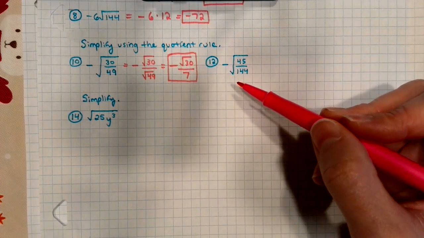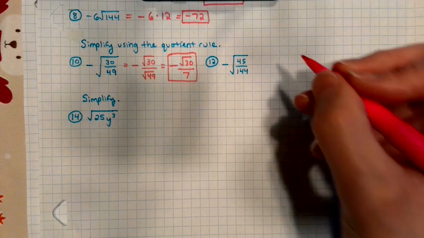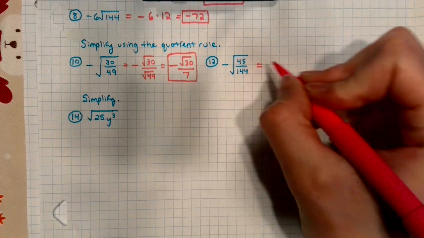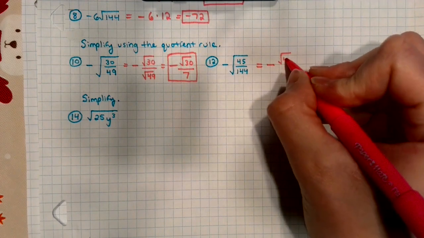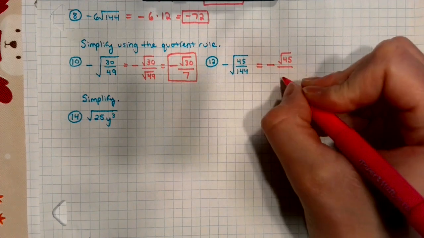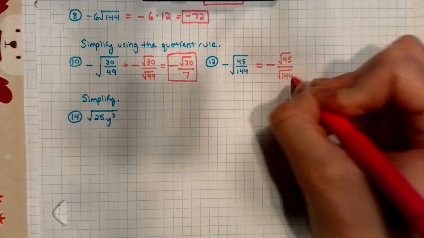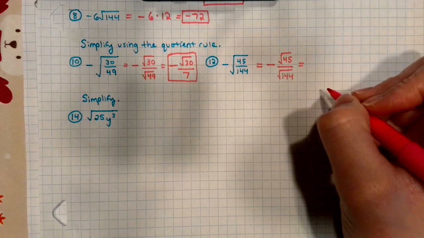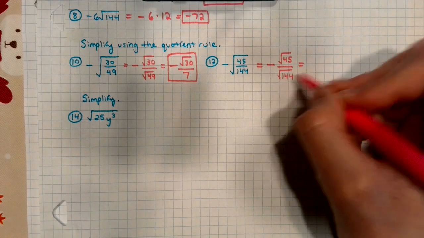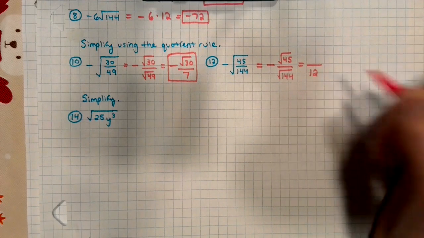For number 12, we're going to use, again, the quotient rule. So we're going to break this radical apart so that we have the negative still out front. We'll have square root of 45 on the top and the square root of 144 on the bottom. And what's nice about this question is the denominator ends up being a perfect square. So the square root of 144 is 12.